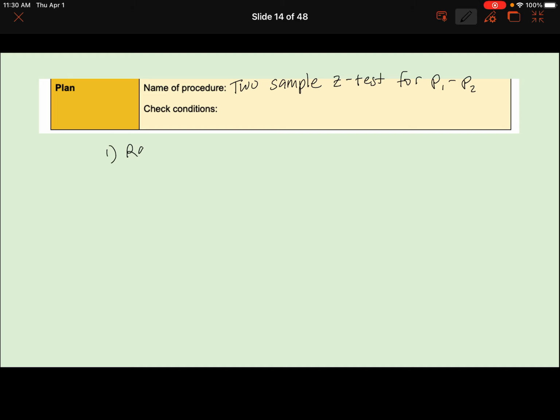So random, we have random assignment, which means we can show causation. We didn't have random sampling. It was just the people who were in the study. So we are not going to be able to generalize, but at least we can show causation. Okay, for the 10% condition, we're not sampling without replacement, so we don't actually have to check.